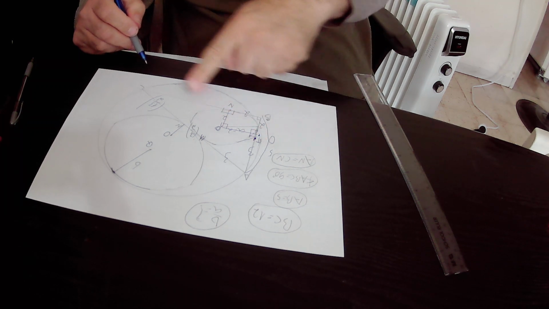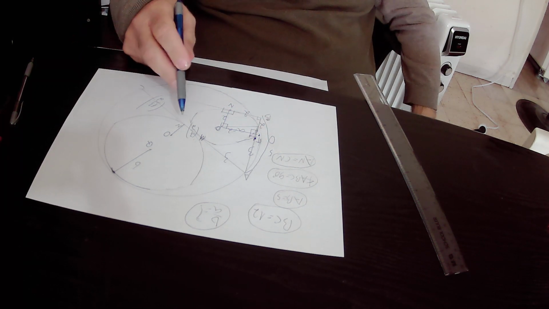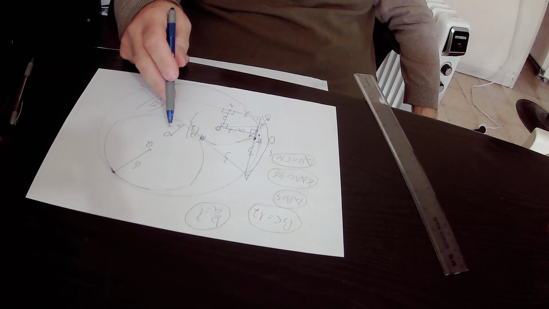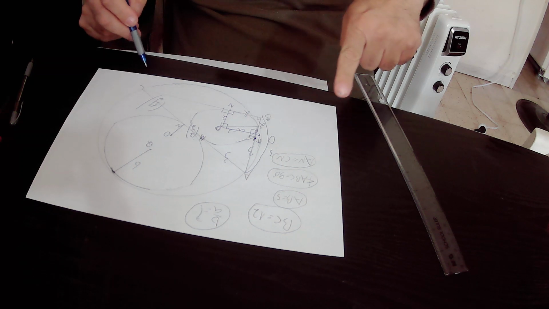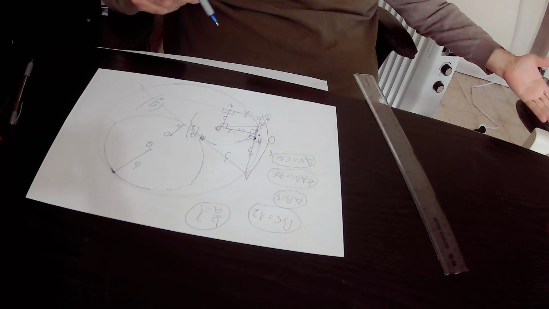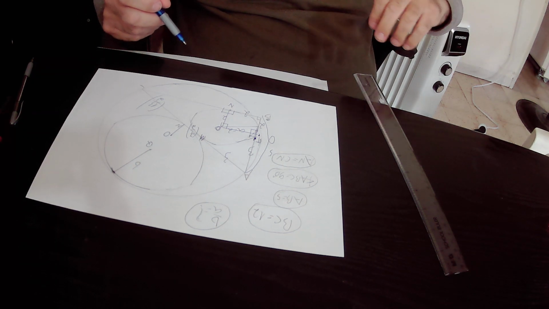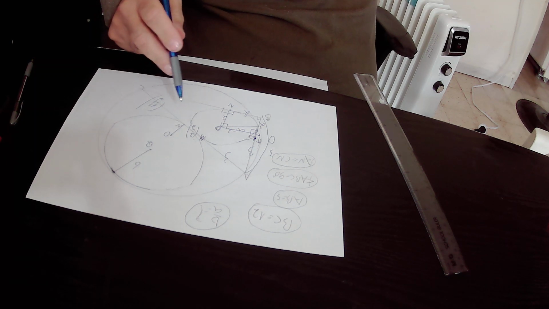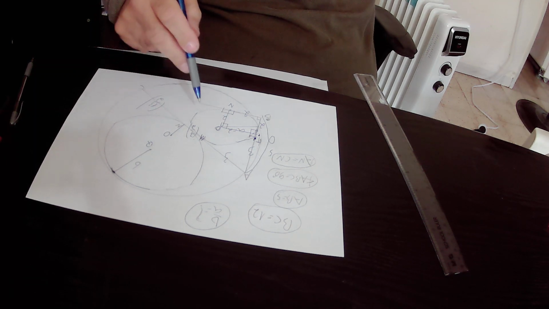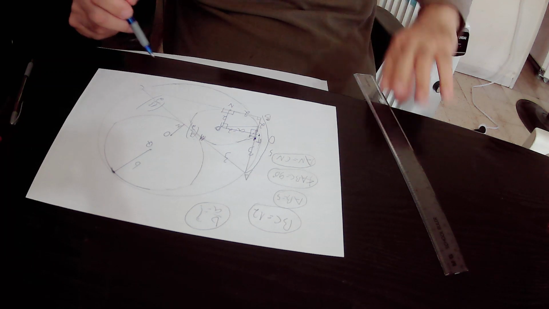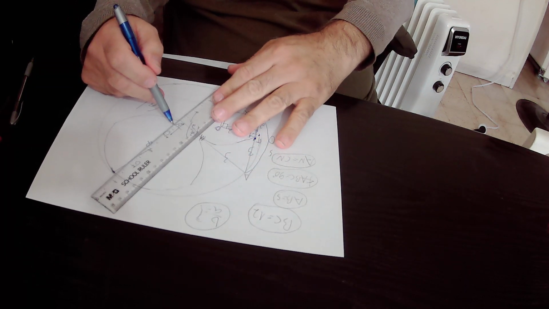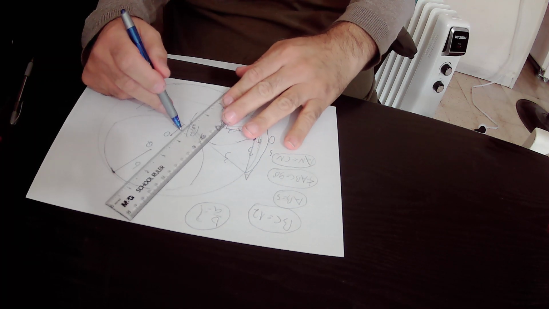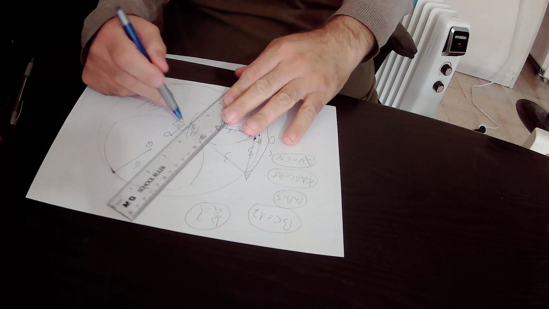Because AN equals NC. And therefore, according to rule number 7, it will also be perpendicular to AC. That is to say, ON is perpendicular to AC, so this angle equals 90 degrees and this angle equals 90 degrees according to rule number 7.